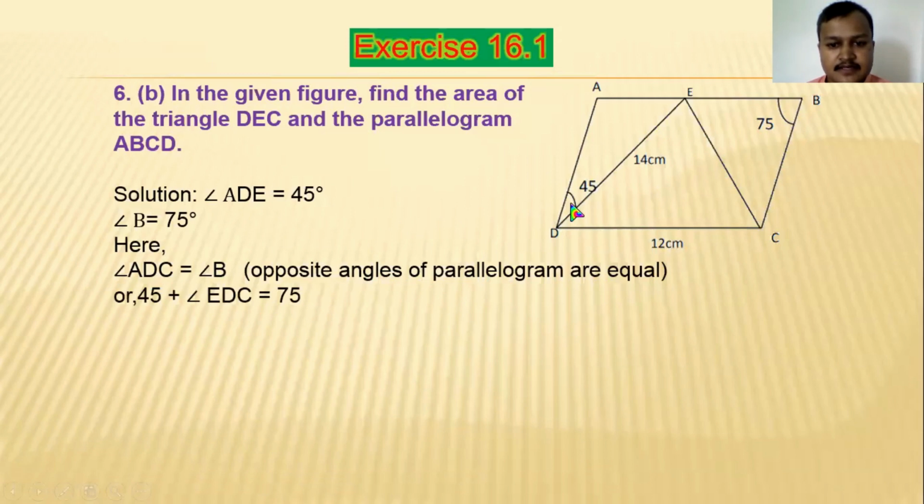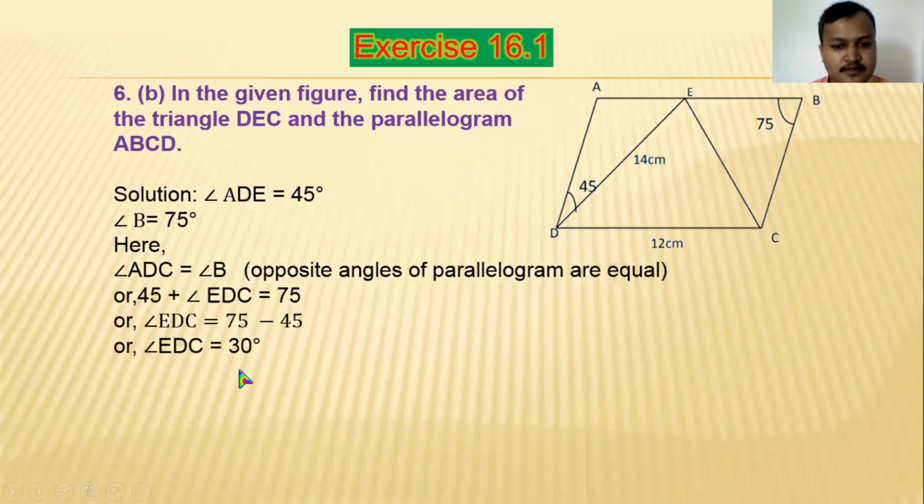Sum of these two angles at point D: angle ADE plus angle EDC, 45 plus EDC is 75. Then from it we will get the value of angle EDC: 75 minus 45, which is equal to 30 degrees, as we discussed previously also. And now, after getting angle EDC, DE as well as DC are given to us.